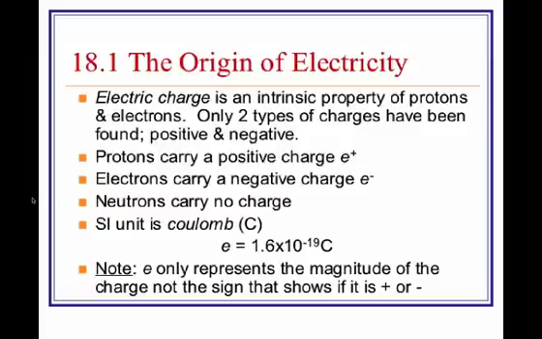We do denote that the unit of electric charge is the coulomb, and a single electron has a charge with a magnitude of 1.6 times 10 to the -19 coulombs. So it's a very tiny amount of charge on an electron or on a proton.